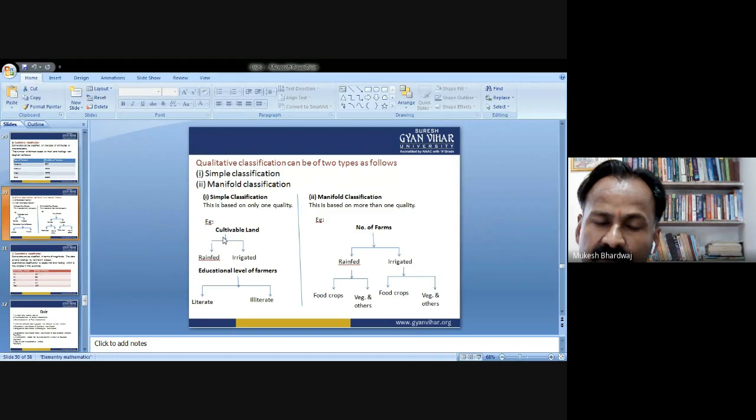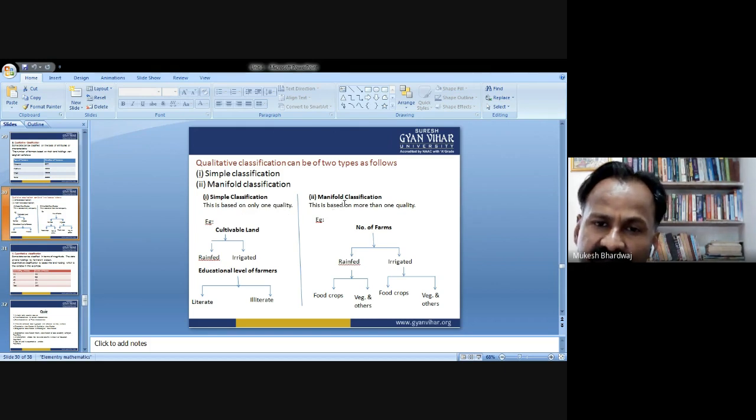Suppose we are discussing cultivable land under two categories: one based on rain-fed, and second based on the irrigated method. Similarly, the education level of farmers. We are asking only one quality: how many are literate and how many are illiterate? Okay, so this is the simple classification.